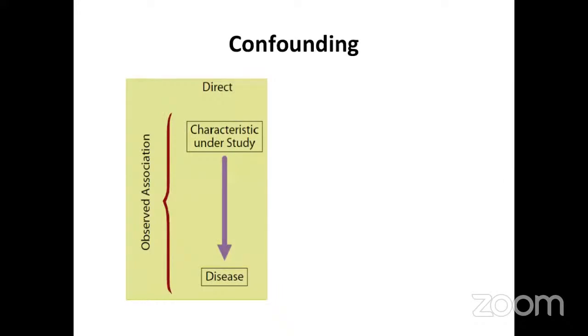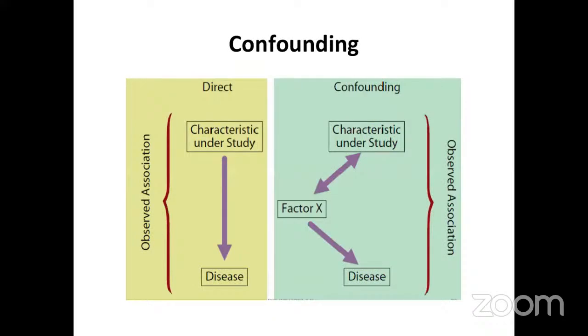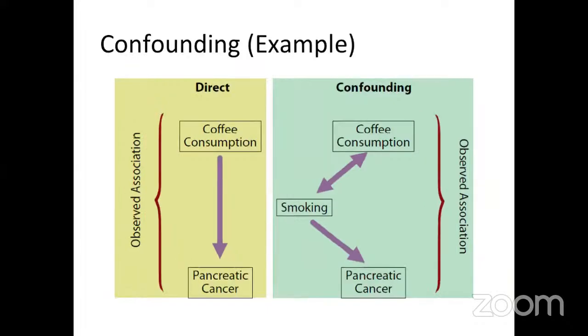Next is confounding parameters. Whenever you are doing a study and trying to study the outcome, there is one more factor inherent in the patient. You don't notice it, and it can also contribute to the disease. For example, you are doing a study on the effect of coffee consumption on pancreatic cancer. Many times, smokers simultaneously drink a cup of coffee.